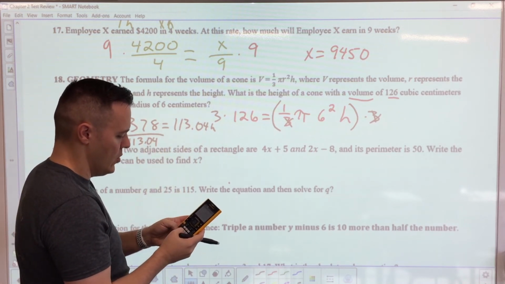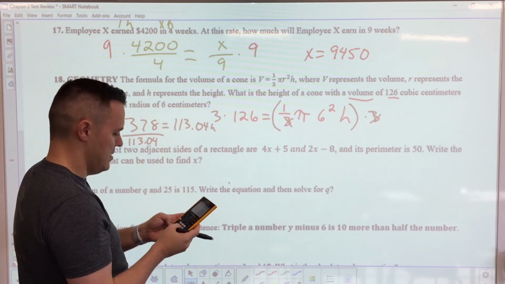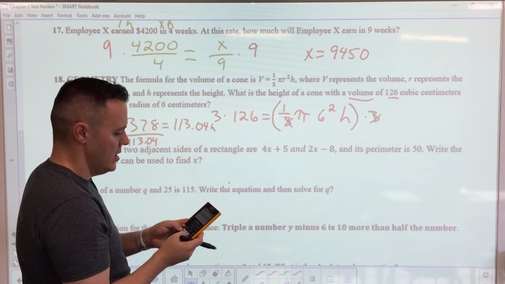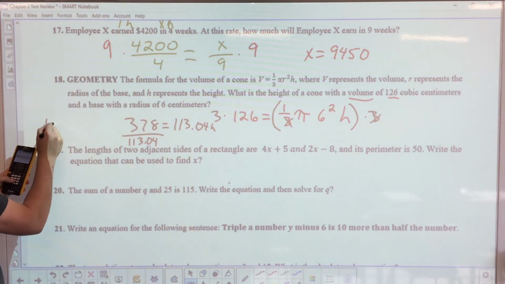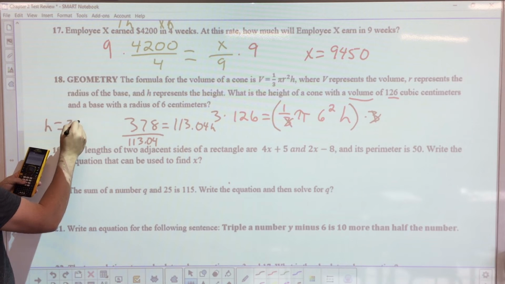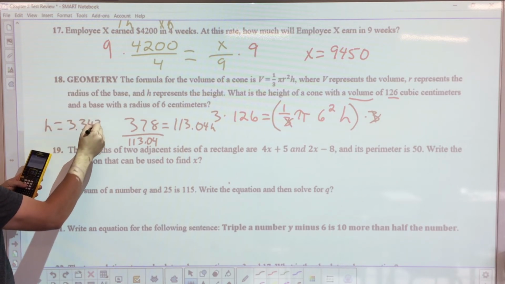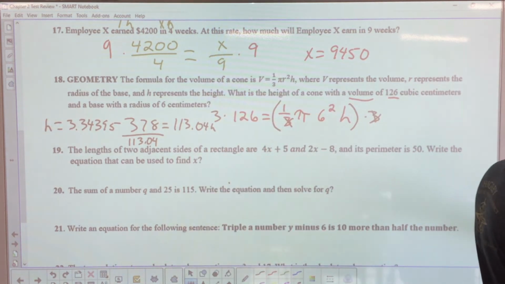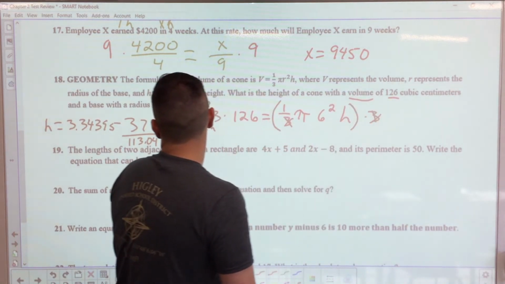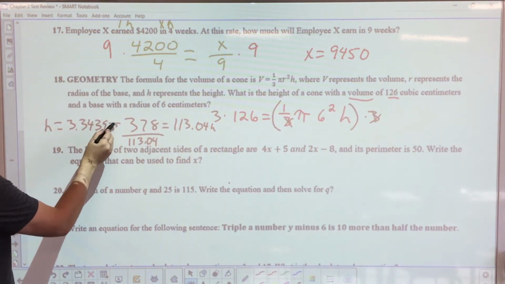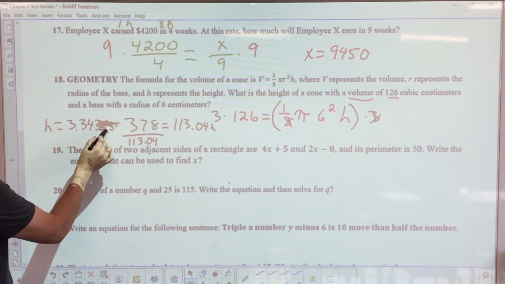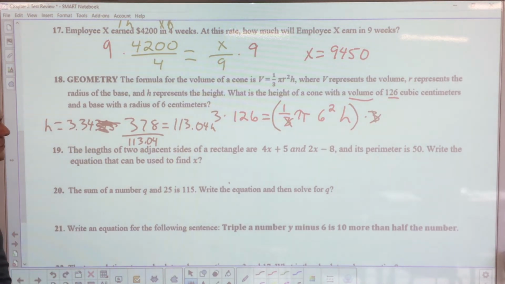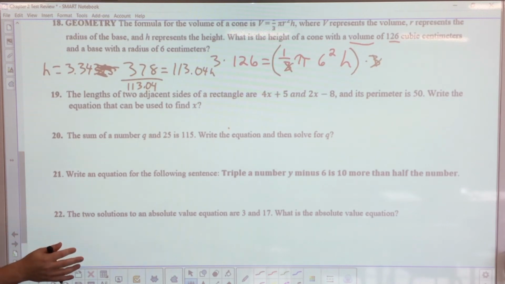If I go 378 divided by 113.04, I'm going to end up with the height is 3.34395. On the test, ladies and gentlemen, it's only going to go to 1 decimal place, I believe, possibly 2. If it goes to 2 decimal places, I would cut it off right here, and it would just be 3.34. If you guys have any questions on this one, please make sure you see me in class or shoot me a message.